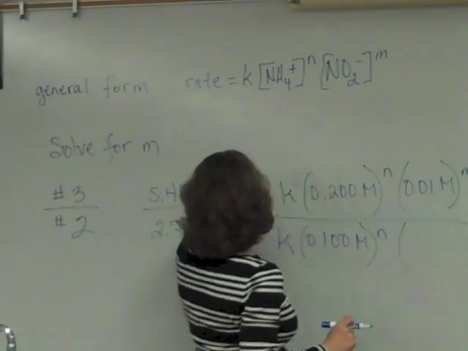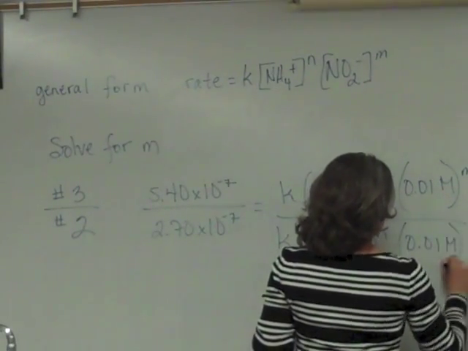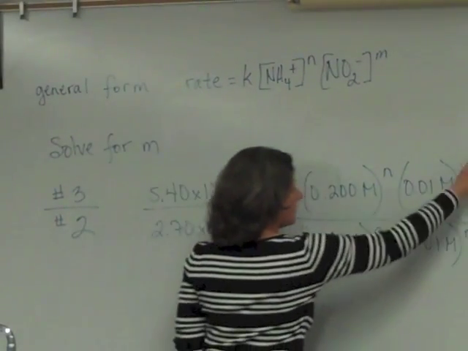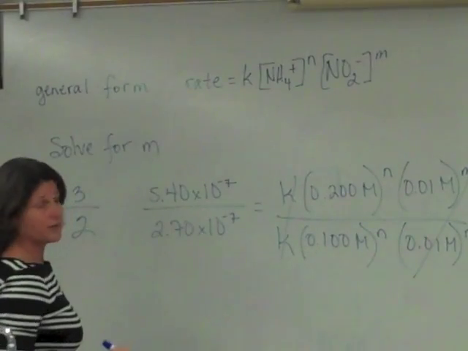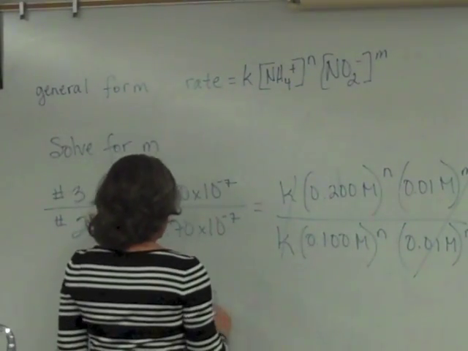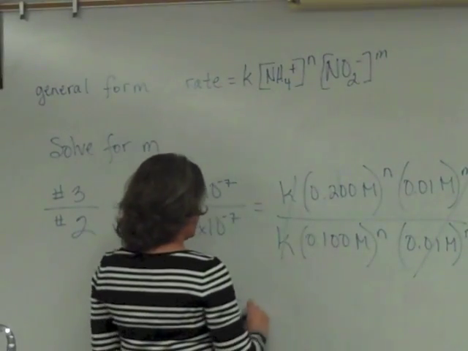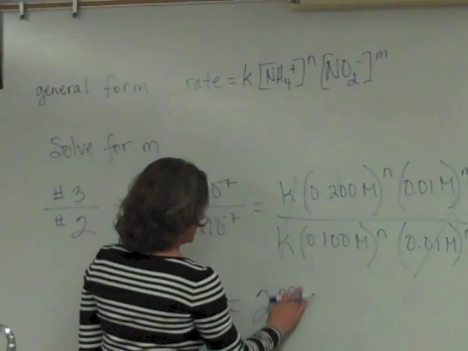And the nitrite in experiment number 2 is 0.01 molar to the nth. Okay, so all of this can cancel. This cancels. This equals what? 2. 0.2 divided by 0.1 is 2 to the nth. And no, wrong, sorry.